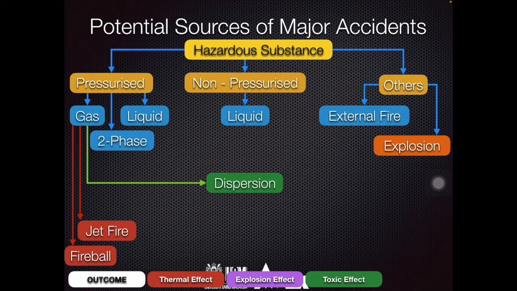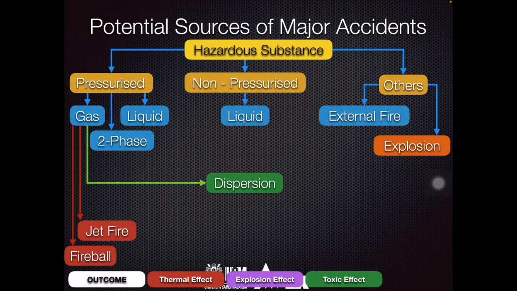For a pressurized gas hazardous substance, if there is a leak of the hazardous substance itself, it can lead to three outcomes: either a fireball, a jet fire, or, if the chemical is not caught in an ignition, it will disperse.